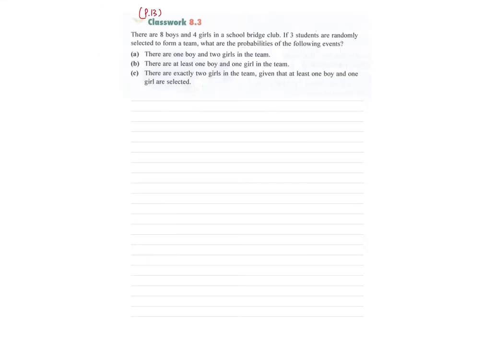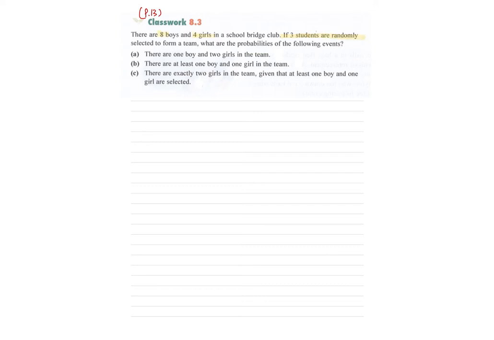Okay, at the same time, we will see that conditional probability will be something like this. This is what you have learned in the compulsory part. So part A in this question: 1 boy and 2 girls in the team. These 3 students have to be randomly selected out of 8 boys and 4 girls.